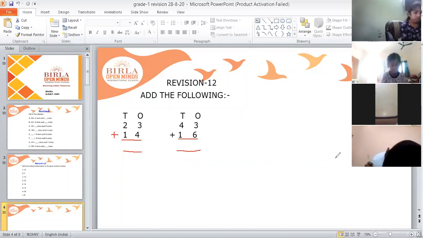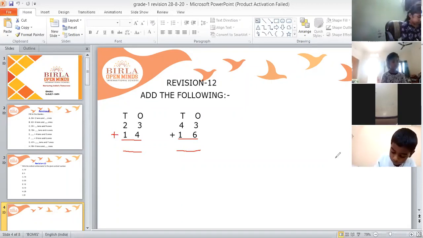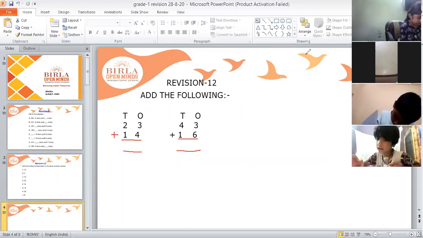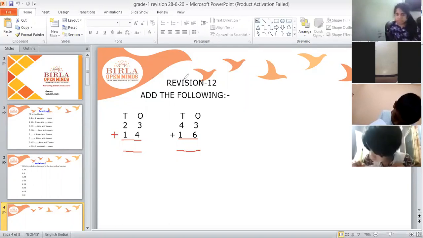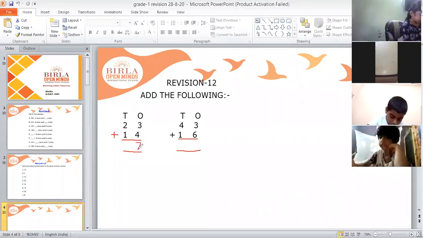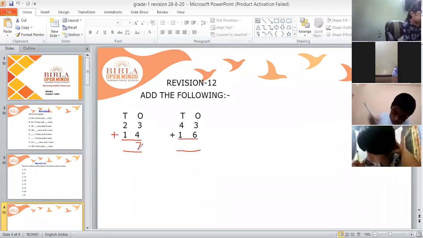Now Ananya, tell me what are the numbers in the ones place? 3 and 4. So tell me 3 plus 4, how much? 7. Very good. So children, 3 plus 4 is 7. So we'll write 7 in the ones place. And in the tens place, what are the numbers? 2 and 1.